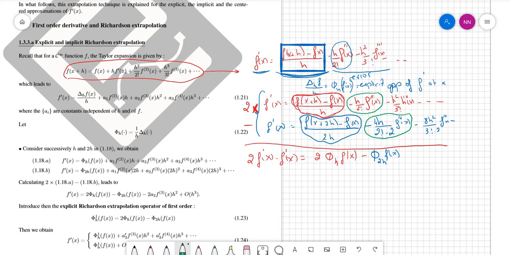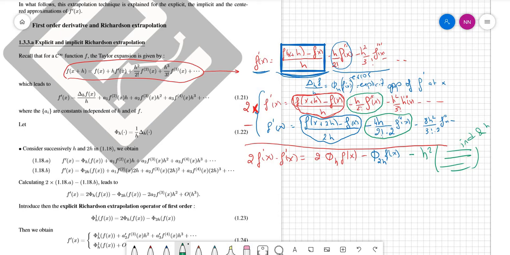Yani, the order of the error now is 2, because it starts by h squared and all the other terms are of higher orders. So I will have here minus h squared times something, I don't care what it is. It's h squared times something independent of h. Okay, so all this is independent of h.